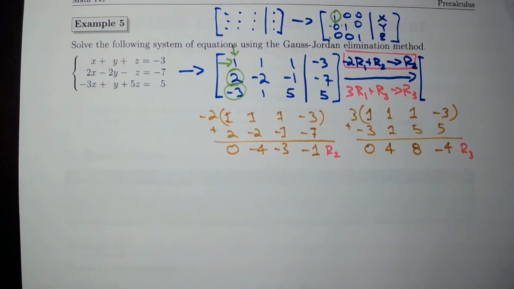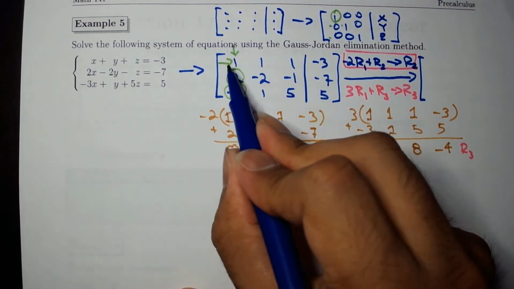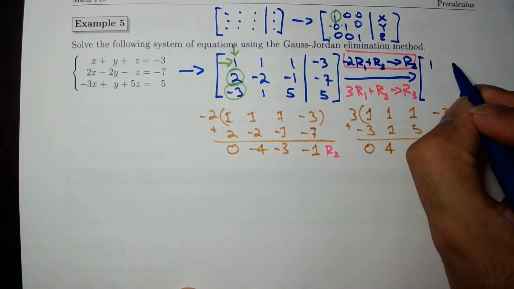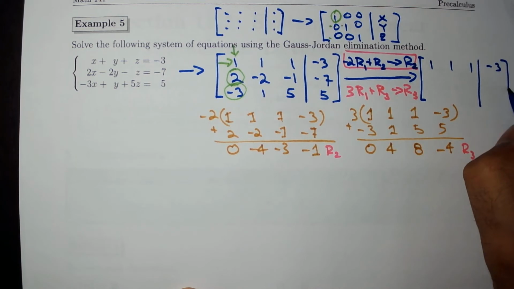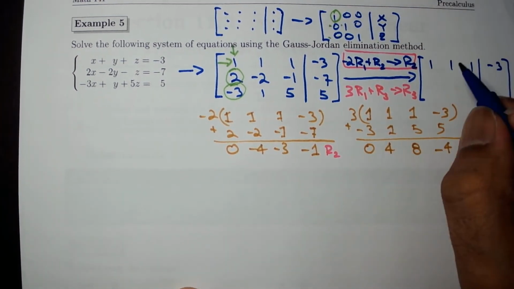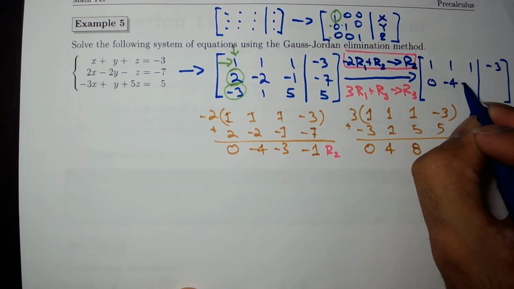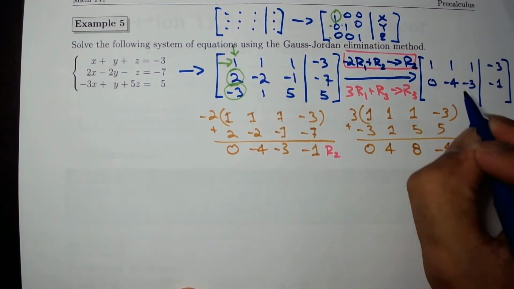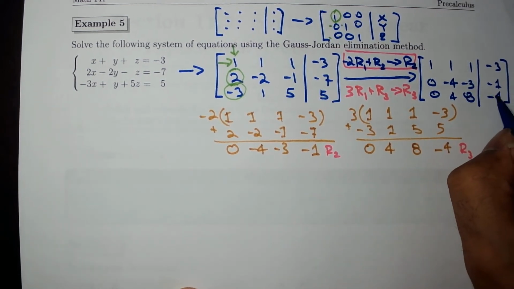Okay? So what are we going to do? Let's go back to the new matrix. So the first row remains the same. And then this becomes the new second row. 0, negative 4, negative 3, negative 1, and then 0, 4, 8, negative 4.